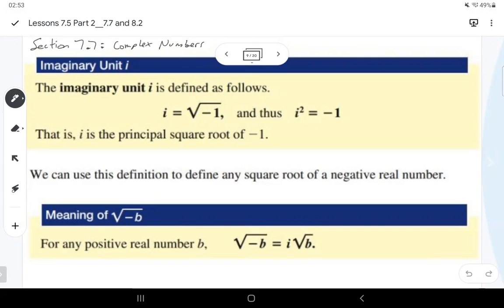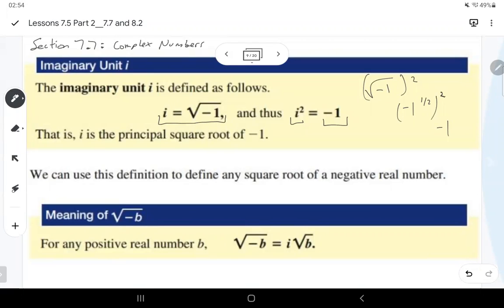So let's go ahead and take a look at what we are calling and what we know to be the imaginary unit i. It's defined as the square root of negative 1, which means if we were to find i squared, that would just be equal to -1, because the square root of -1 squared is (-1)^(1/2) raised to the second power, which will cancel and leave us with -1.